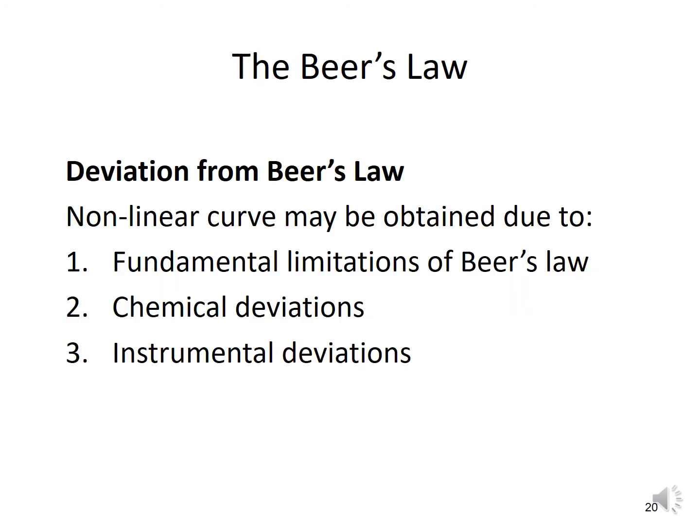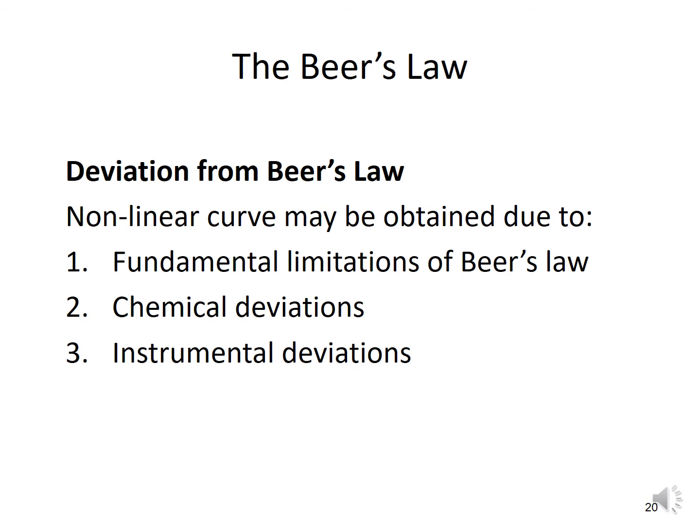So here next, this is the deviation. Basically most of the samples will not obey the Beer's law at certain times, maybe due to the high concentration of the analytes. It will affect that.